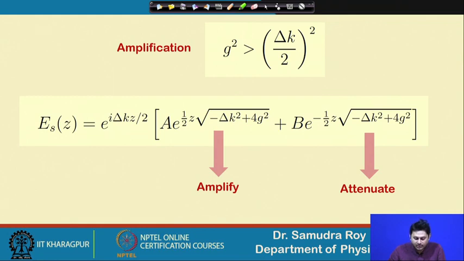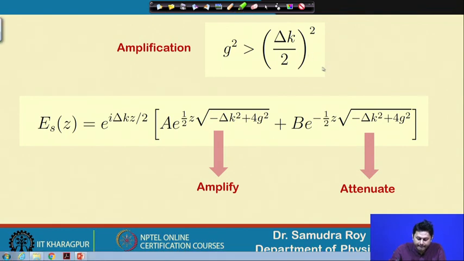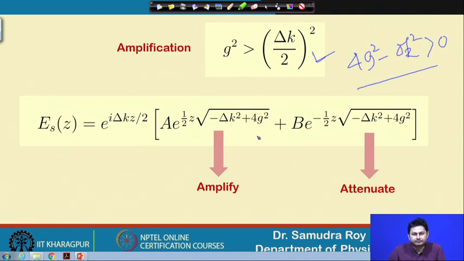Now, if g square is greater than this quantity, or eventually I am trying to say 4 g square minus delta k square is greater than 0, that means if I make this quantity greater than 0, so that the entire quantity is positive or real.